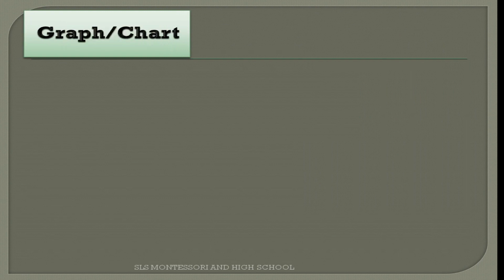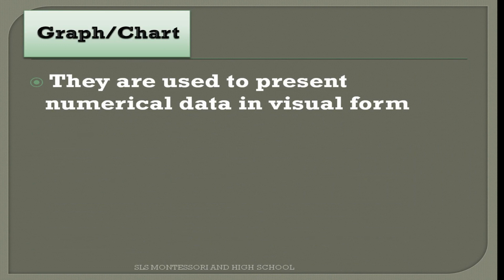The next is, what is a graph or chart? They are used to present numerical data, the data we have in the form of numbers. How can we see that data?